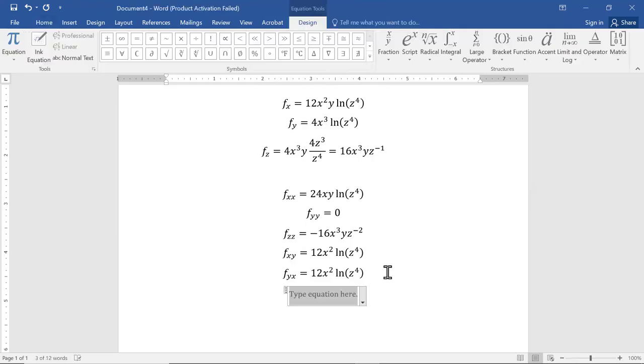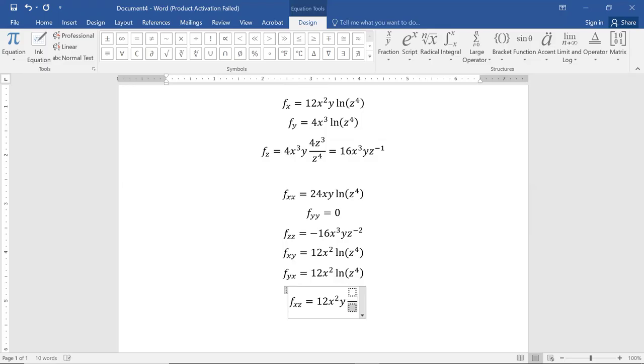All right, let's do another mixed partial. F sub xz. So we do x first, then derivative of this with respect to z. We're going to end up with 12x squared y times the derivative of the natural log of z to the fourth.